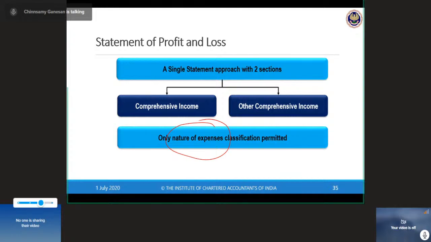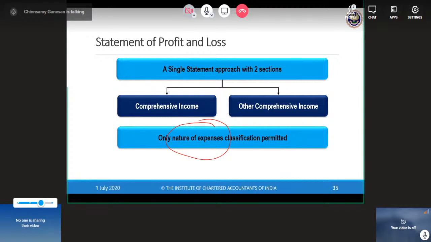For example, I can say cost of goods sold, which includes material consumption, direct labor cost relating to that, depreciation relating to the manufacturing asset. All those things are part of the discussion in respect of the functional basis. For example, administrative overheads include salary of the administrative people, depreciation of the machinery used in the corporate office or furniture and other equipment used in the corporate office, and any other related items.